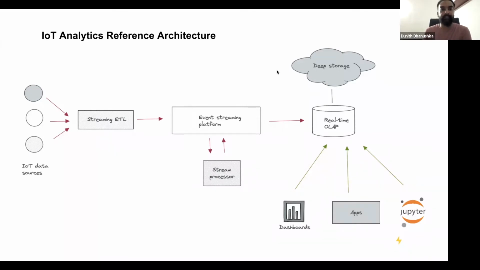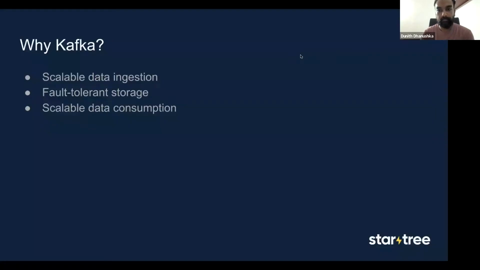So that's the typical reference architecture for a minimal viable IoT analytics setup. Now let's see the rest of the components. Why Kafka? This is a question you might have asked. First, it provides the scalable data ingestion we need.